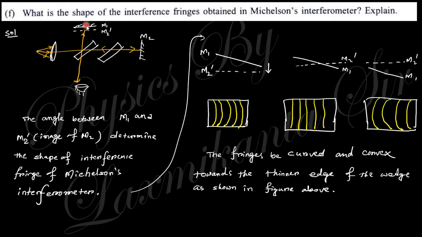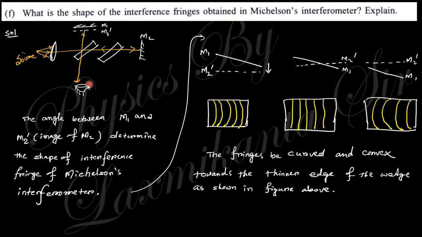Next question says, what is the shape of the interference fringe obtained in a Michelson interferometer? Explain. This is a Michelson interferometer setup. This is the lens, this is the source. There are two mirrors, M1 and M2. Its reflection is represented here.